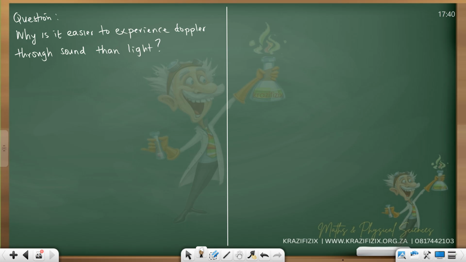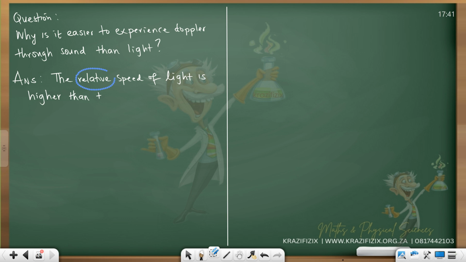Here's the answer. The relative speed of light is higher. Can I change where I put the word relative?